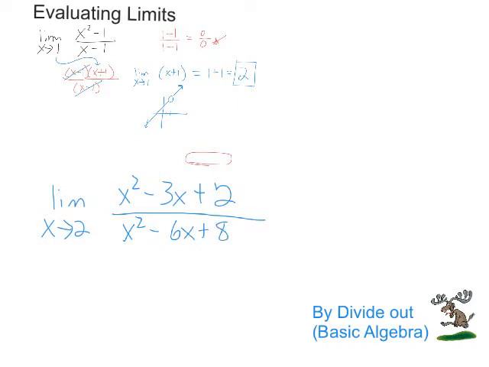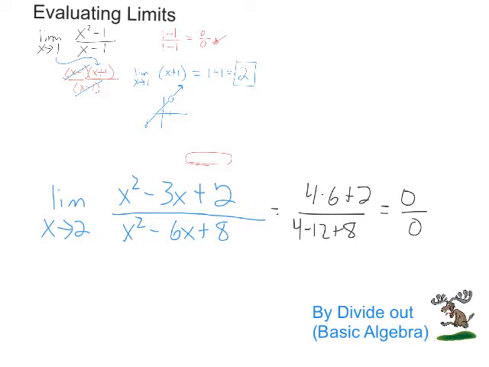So again, we could try direct substitution, and we would get 4 minus 6 plus 2. 4 minus 6 is negative 2, plus 2 is 0, over 4 minus 12 plus 8, which is 0. 0 over 0.